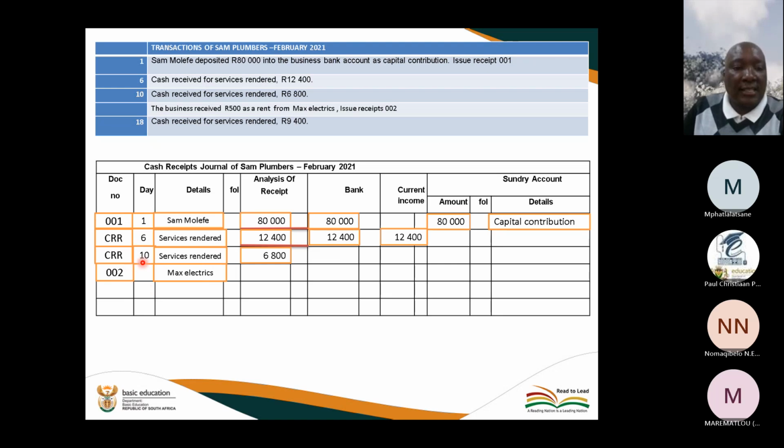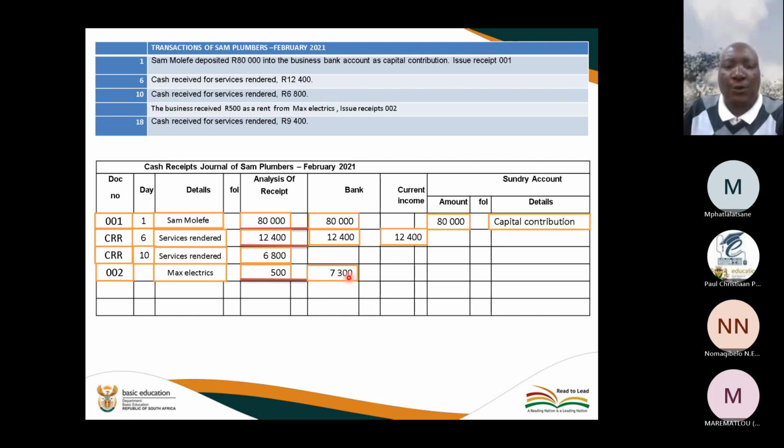002, analysis of receipt, still the same. We don't write the day here. It is still the 10th, Max electricity under the details, and then the amount 500. Here we do what? We add these two amounts, 6,800 plus 500. Then you close this. At the end of the day, we only had these two transactions. That is the transaction that we ended up with.